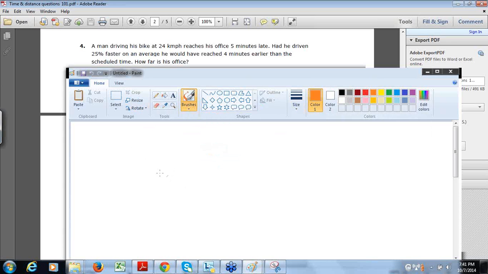His original driving speed is 24 kilometers per hour. Now the speed has been increased by 25%, so the new speed is 5 by 4 into 24, that is 30 kilometers per hour.